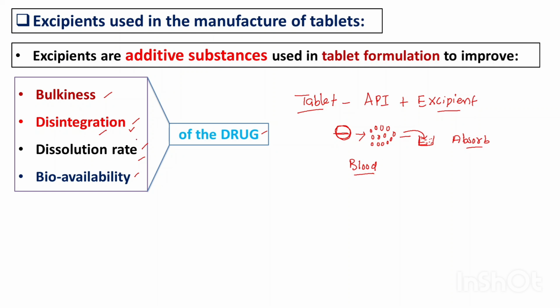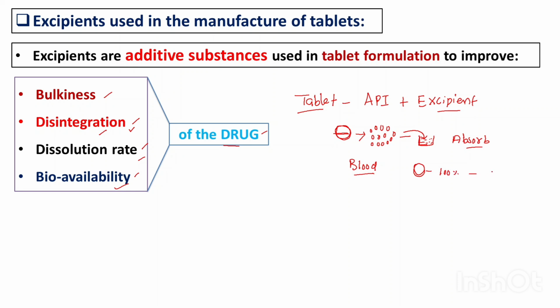So the excipient will improve the bulkiness, disintegration, dissolution rate, and finally the bioavailability of a specific drug. So what is bioavailability? It is the percentage of dose at the bloodstream. It should be 100%. Means when we take a tablet, initially we consider it is 100%.